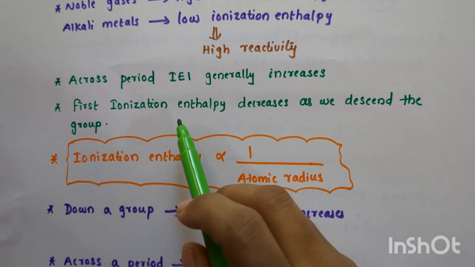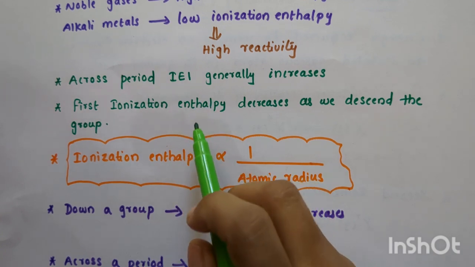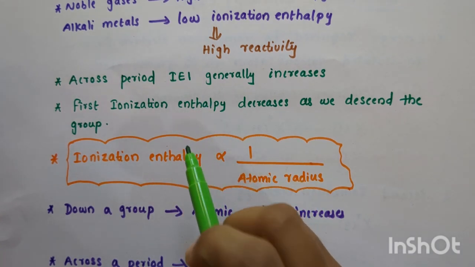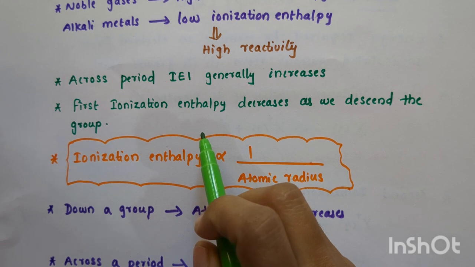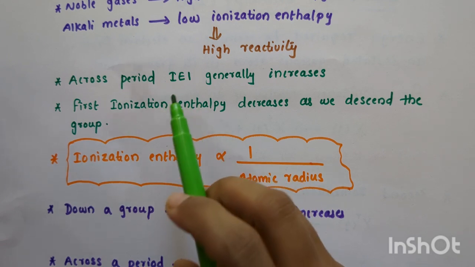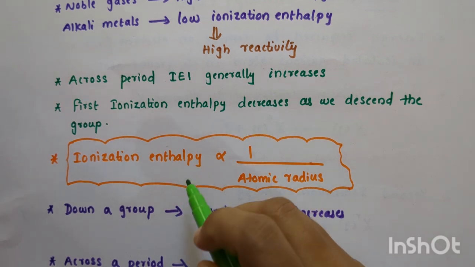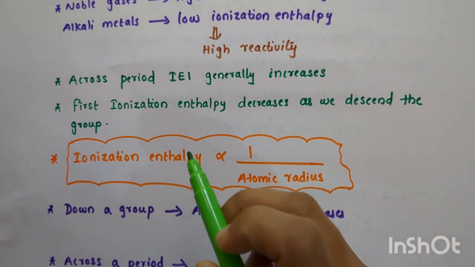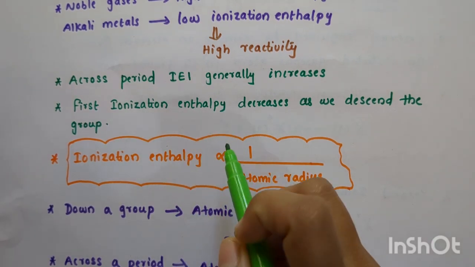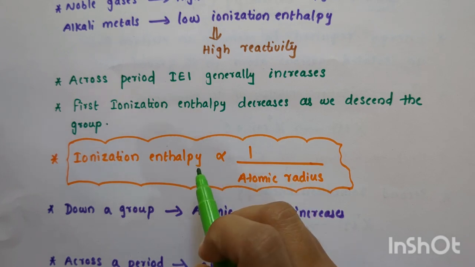See, ionization enthalpy and atomic radius are closely related properties. Atomic radius increases down a group, that is from top to bottom, and ionization enthalpy decreases down a group.